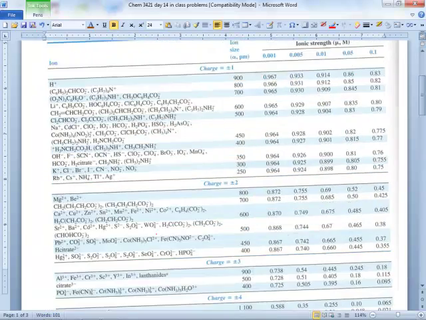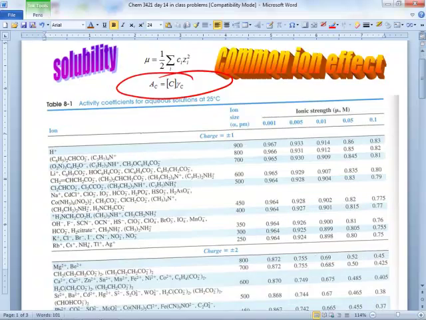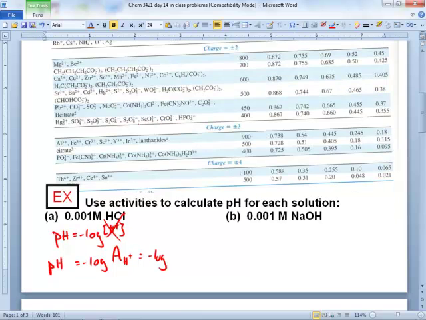And remember activities, it's right here. All activities are the concentration times the fudge factor. Okay? So, concentration of H plus times its fudge factor. And the concentration, everybody, is 0.001. Here it is, right?